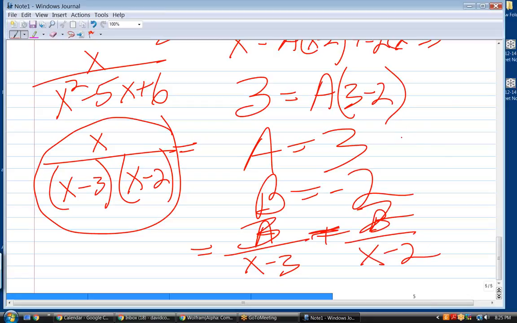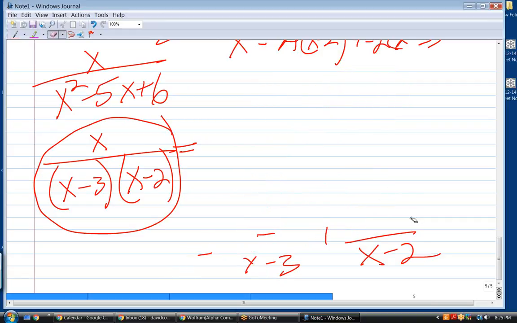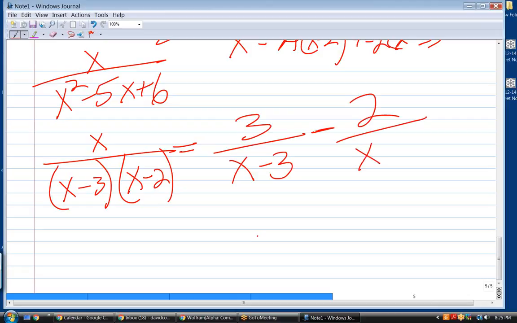So it decomposes into, a was 3, b was minus 2. That's what it decomposes into.